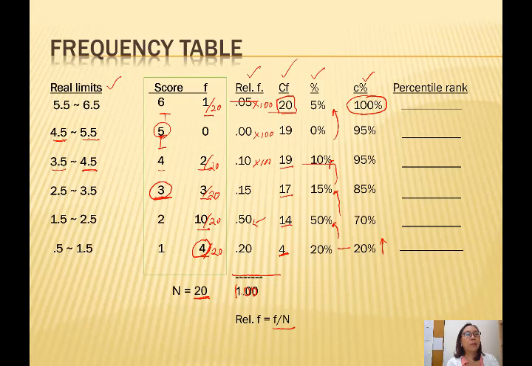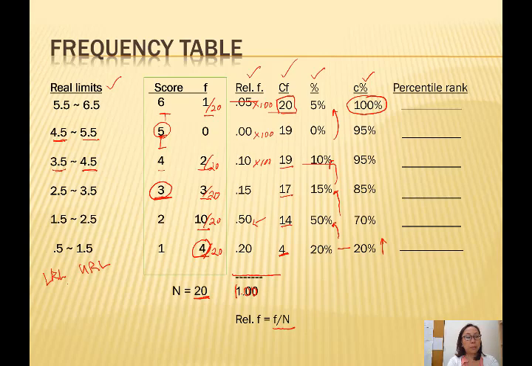When you see a range of scores like this on the real limits, the lower numbers, the numbers on the left, are known as the lower real limits. And then the upper ones are known as the upper real limits.